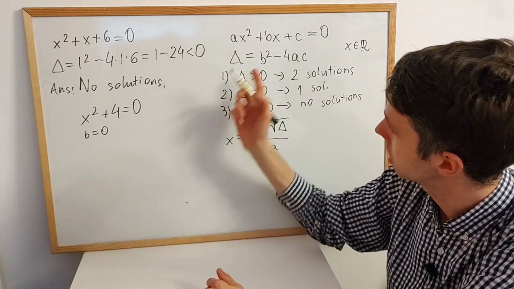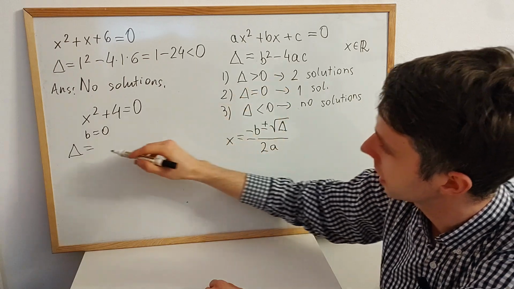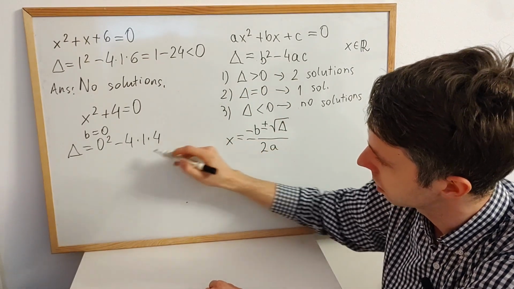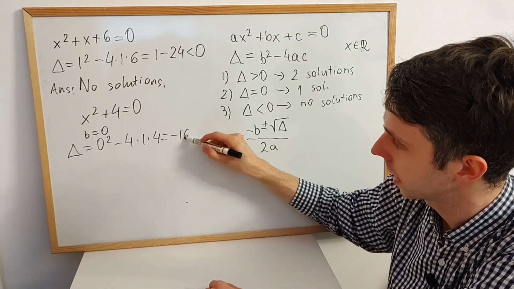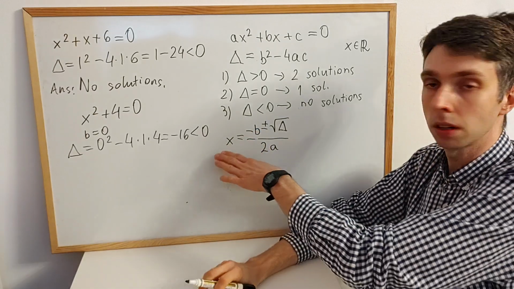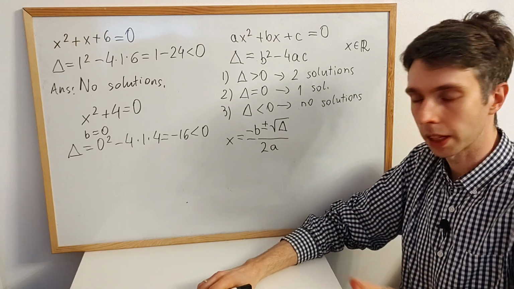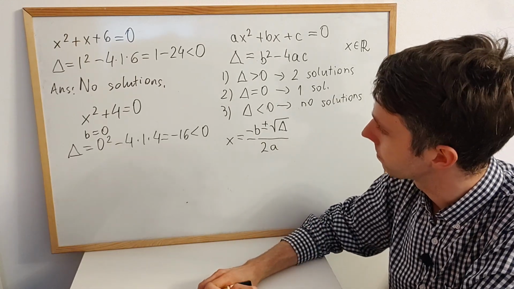In this case you still can calculate delta: 0 squared minus 4 times 1 times 4, so that's 0 minus 16, so minus 16, which is also negative, so this equation also has no solutions.